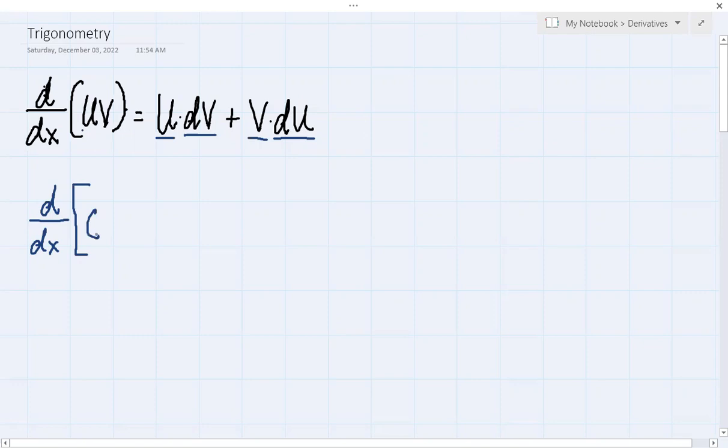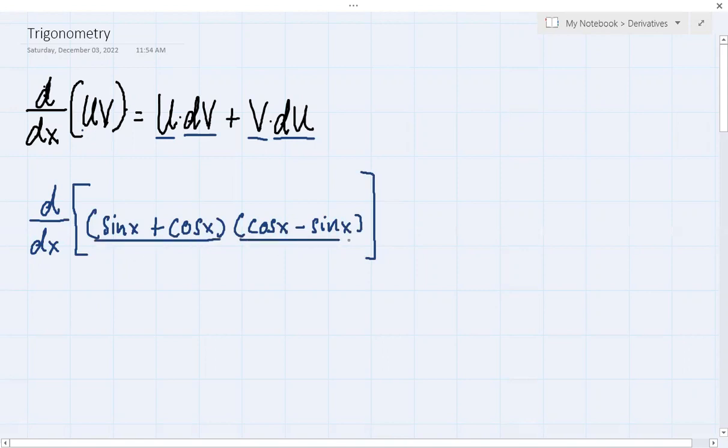Let's just say for this one, we have sine x plus cosine x. Then may isa pa tayo. We have cosine x minus sine x. Ayan. So we have two binomial expressions.